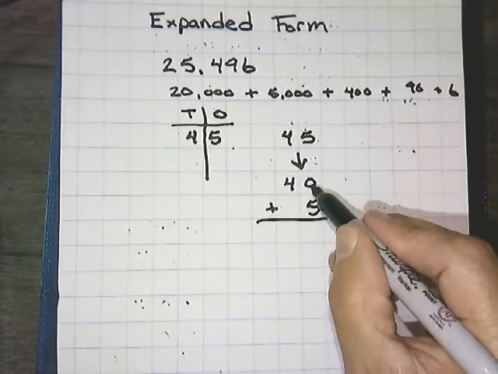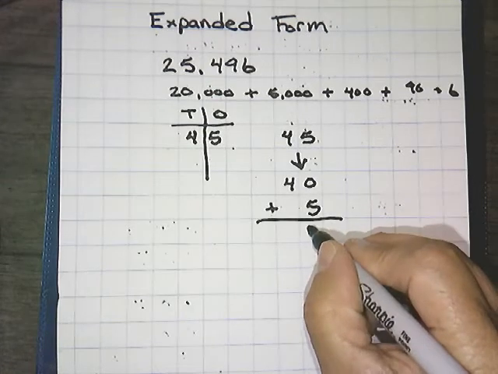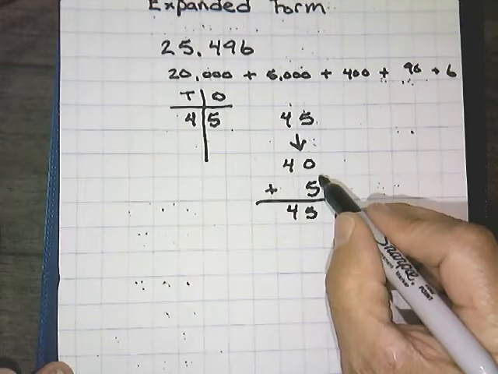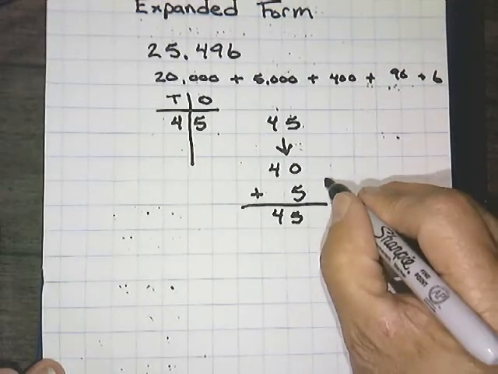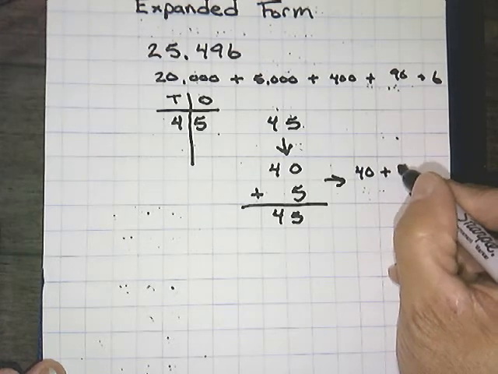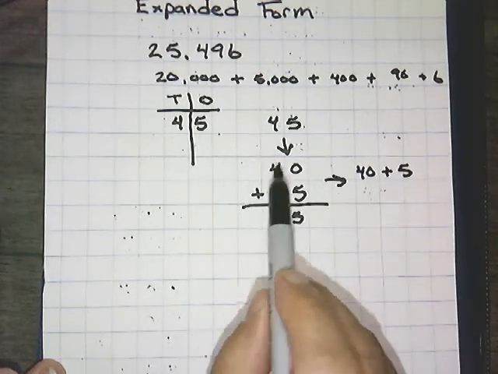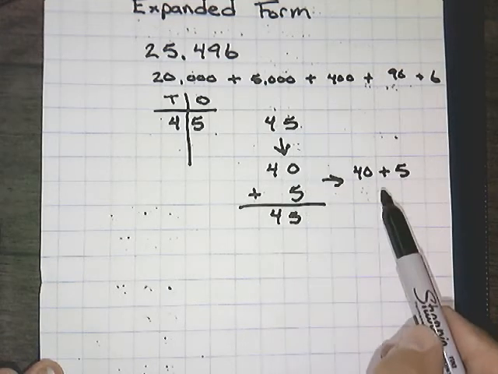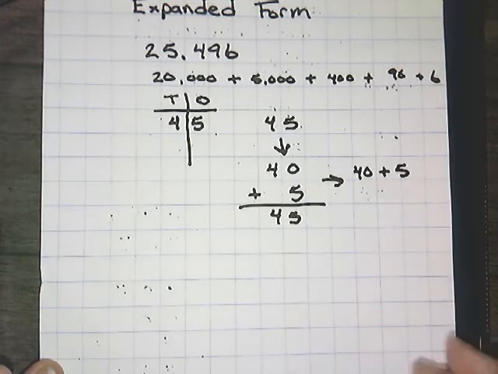And of course, if we were to add this up, 0 plus 5 is 5, and 4 and nothing would be 4. Now, typically, this would be written as 40 plus 5. So, in other words, 45 in expanded form would be 40 plus 5.